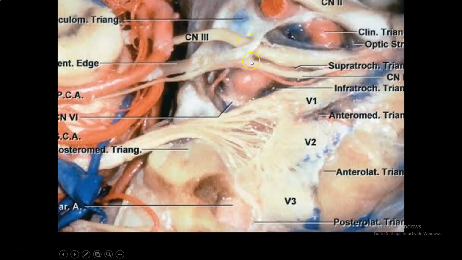In the lateral angle is the trochlear nerve, and it is passing from below upwards, crossing the oculomotor nerve lateral to it, on its way to the superior orbital fissure.